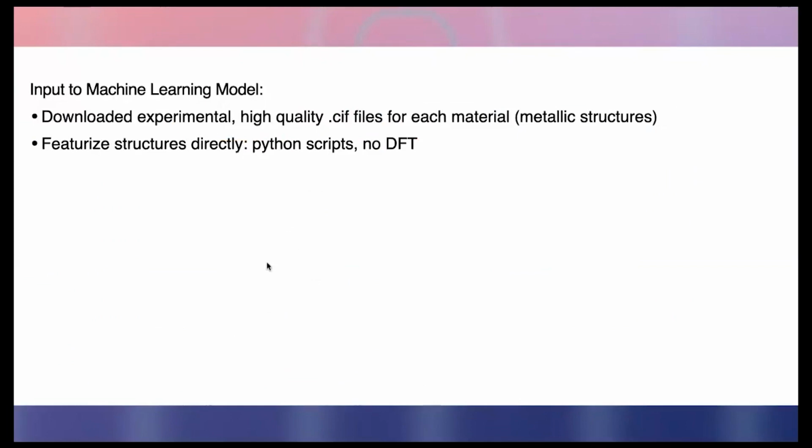So the more important thing, since you've already characterized it, is to know better the less well-characterized structure for high throughput discovery, or someone can upload a CIF file. And we featureize these structures directly using Python scripts, no DFT. Again, DFT comes in at a later level.